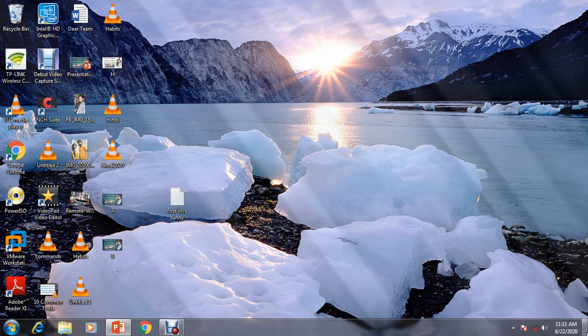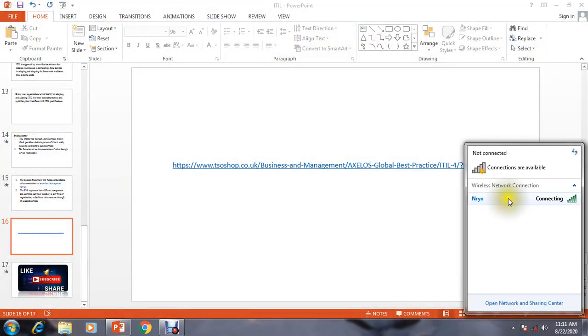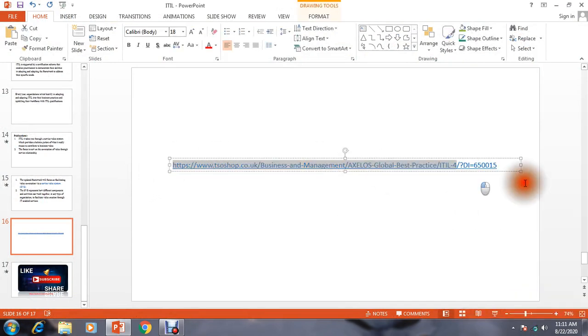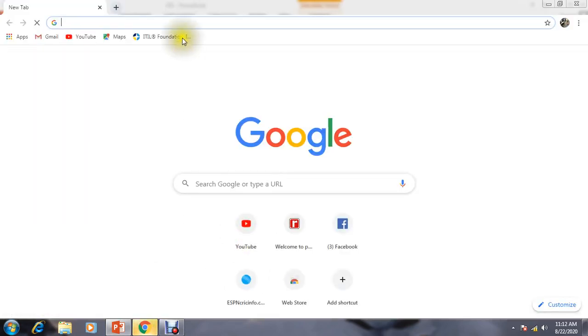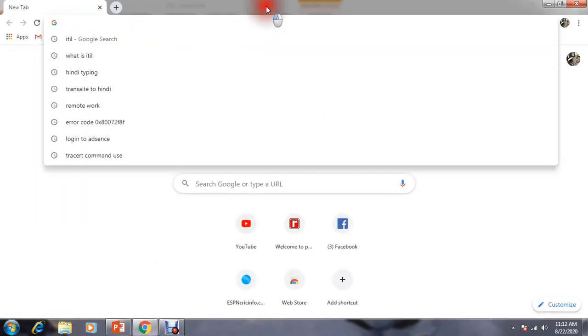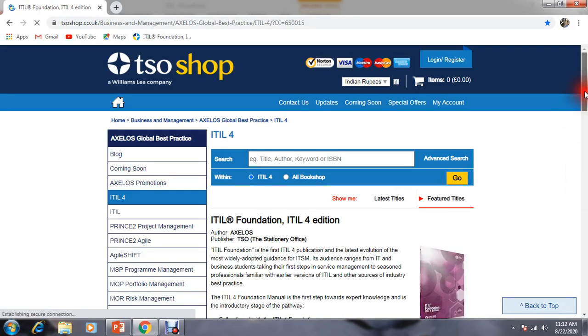Now I will copy this URL and open it in Google Chrome, and paste it here. I have saved it here, so you can study about it and decide if you want to be ITIL certified or not.